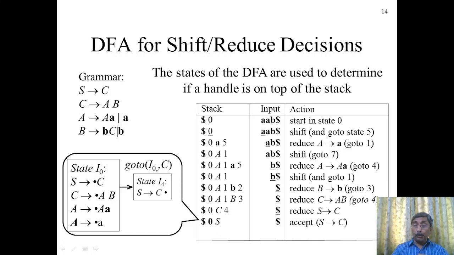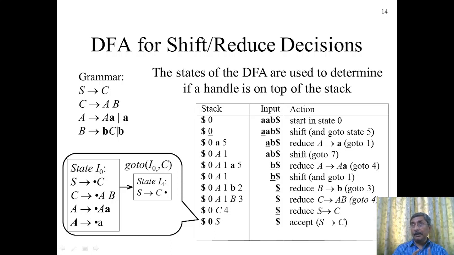Number 2, push the non-terminal on the left of that particular item that you used to reduce into the stack. Right? Now your stack top contains only a non-terminal, which it cannot contain. So what do I do? I go to the previous content in the stack and use that as the current state, and this non-terminal as the transition element.